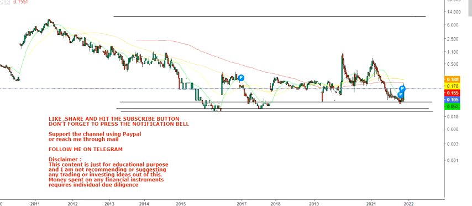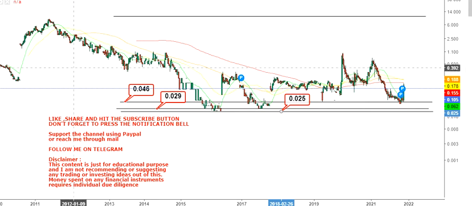Now, having said all these things, three important levels which you need to look at here are 0.04, and even in 0.02 there are two variations, 0.029 and 0.025, right? So you can see how low the stock could probably go.